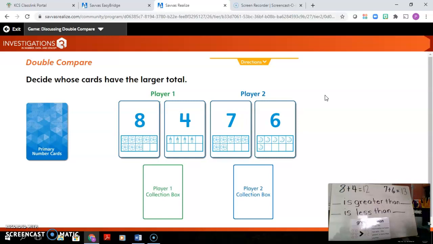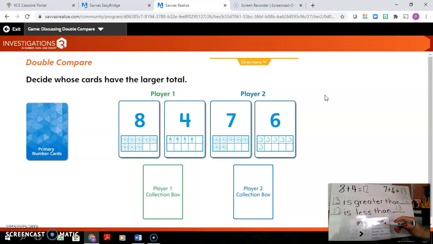Now mathematicians have a great way of comparing numbers. So we know that 13 is greater or more than 12. So a mathematician might say 13 is greater than 12. Or 12 is less than 13.